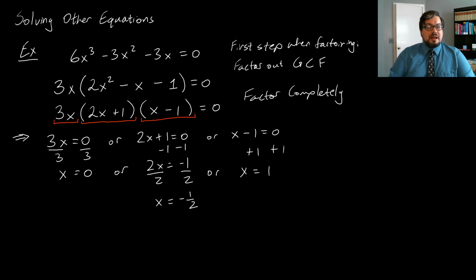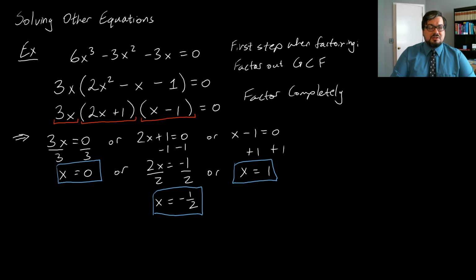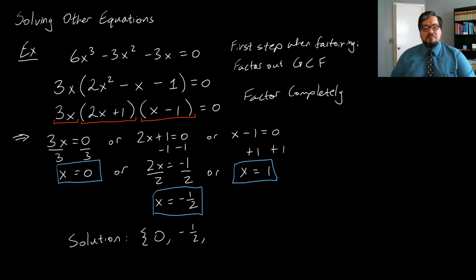So in this case, we were able to use the zero factor theorem with factoring to get 3 solutions to this equation. And this is correct. So our solution set is 0, -1/2, and 1.